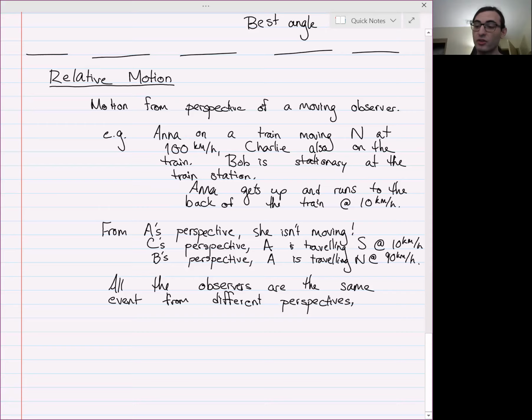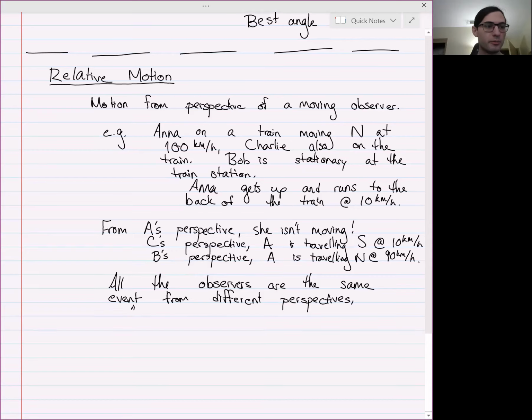And the reason they're getting different answers is because they are in different, quote unquote, reference frames. So that's the language that we use to talk about the perspective of a particular observer.